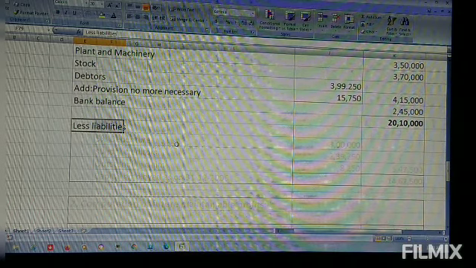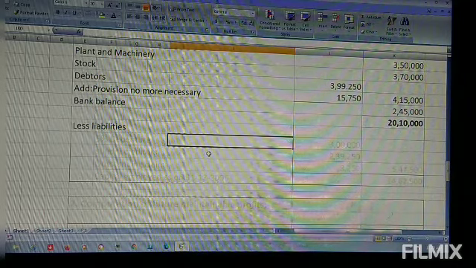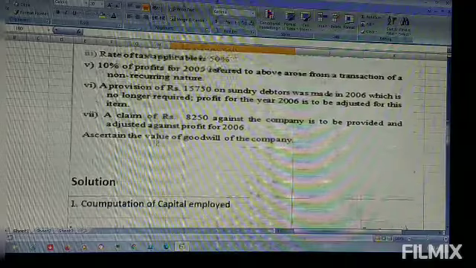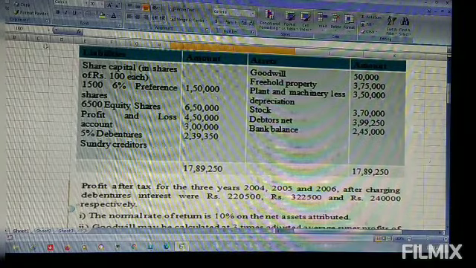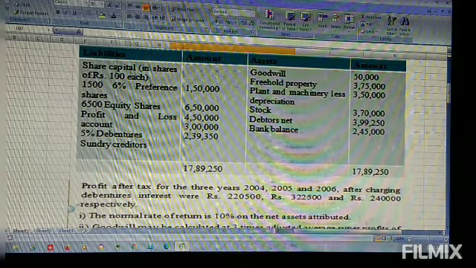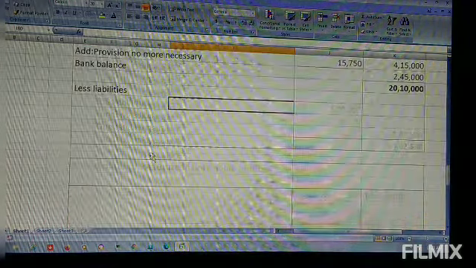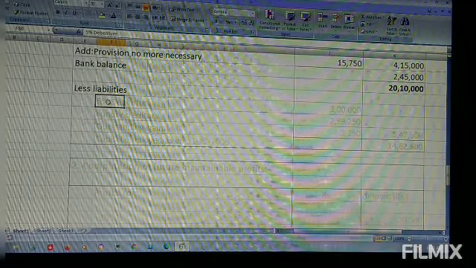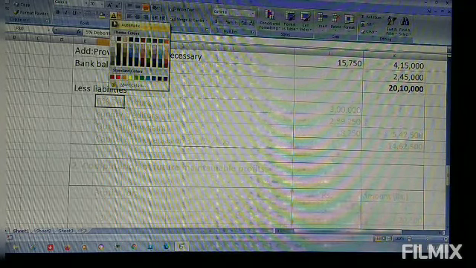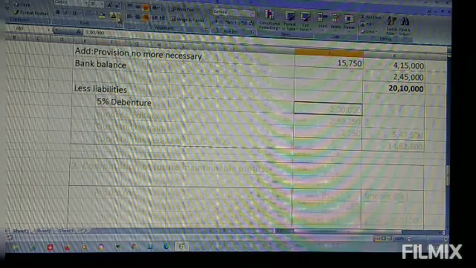What liabilities are there? Let us see. First, share capital and all these will not come. The liabilities from here are 5% debenture and sundry creditors. These are the two liabilities. Now we will take 5% debenture; how much is it? 3 lakh.